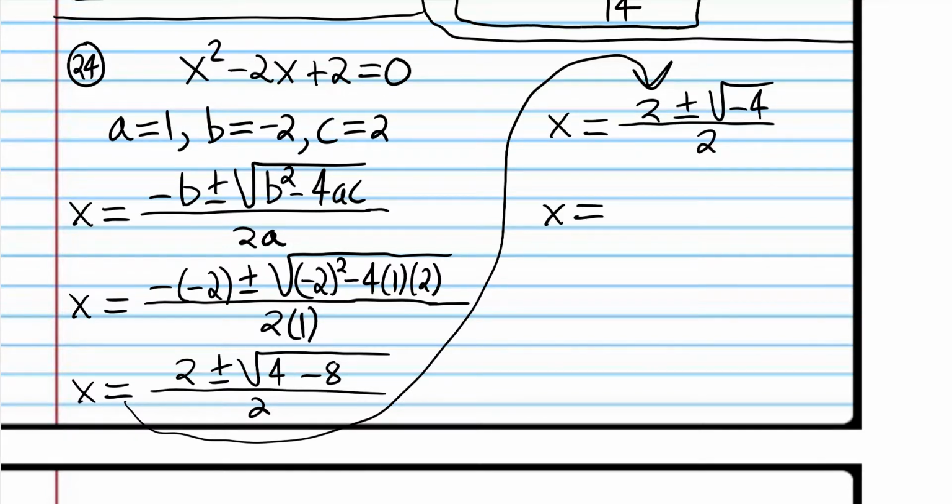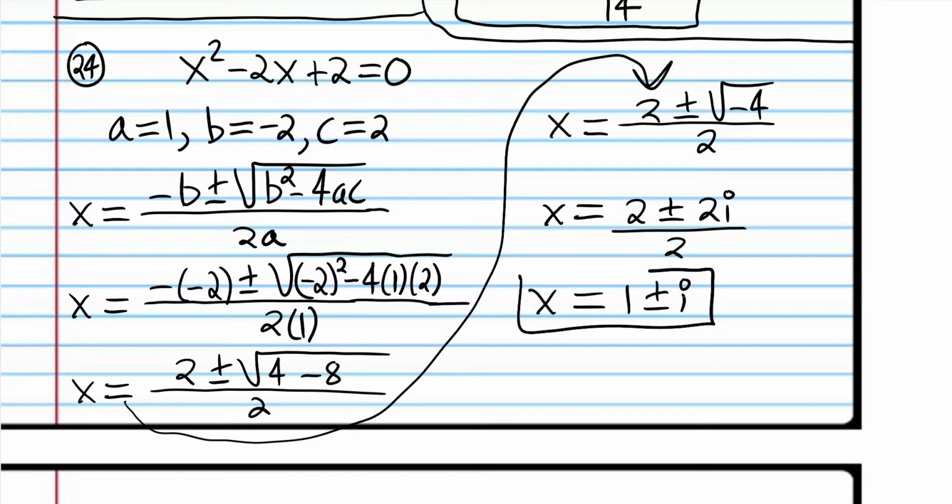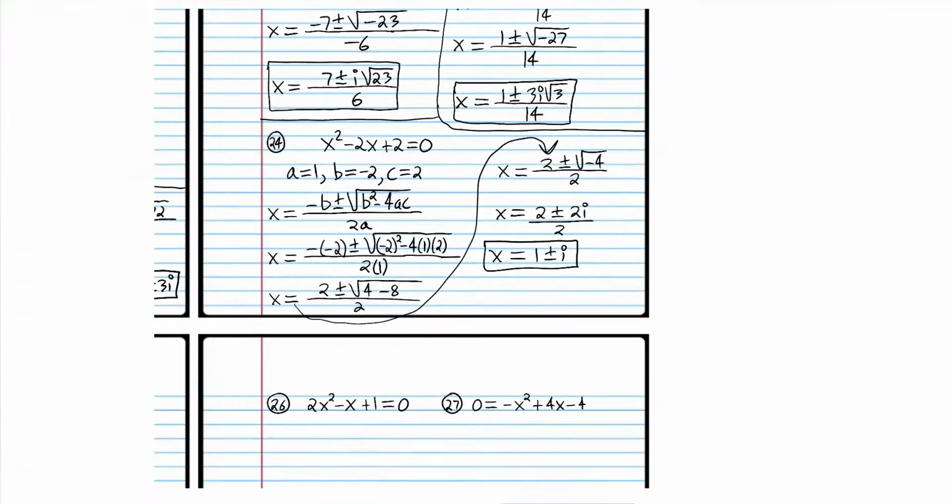Now 4 is a perfect square, so that's going to become 2. And the negative is going to come out as an i, so you're going to be left with 2i. And, you know, when you're dividing a polynomial by a monomial, you just divide each term. So 2 divided by 2 is 1, and 2i divided by 2 is i. So if you got that answer, good job.